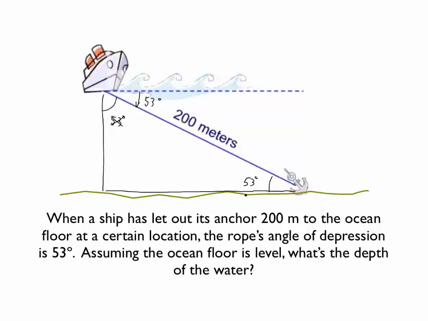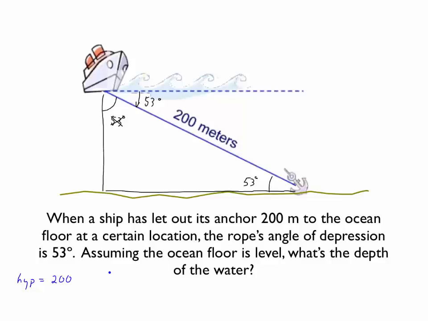Okay, so what do we have? What do we want? We have the angle measure, and of opposite, adjacent, hypotenuse, what do we have? She said hypotenuse. Agree with that? We have the hypotenuse, which is? We want what?